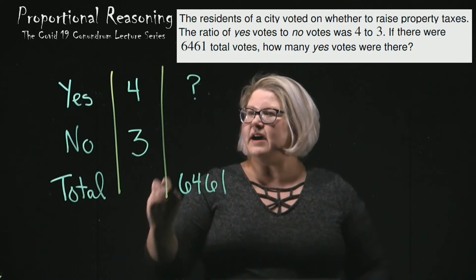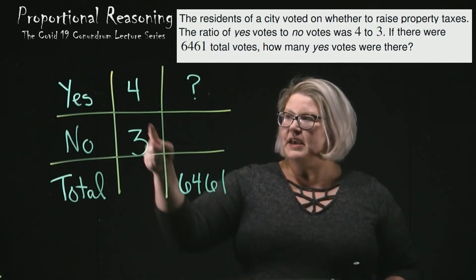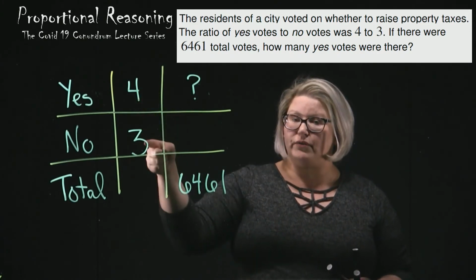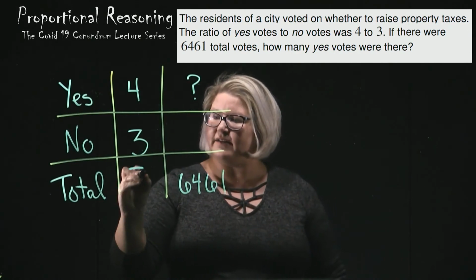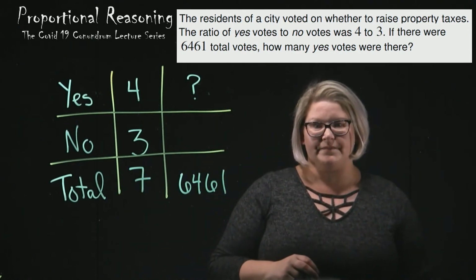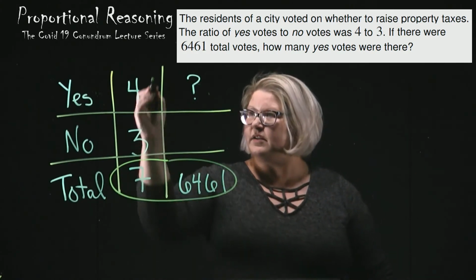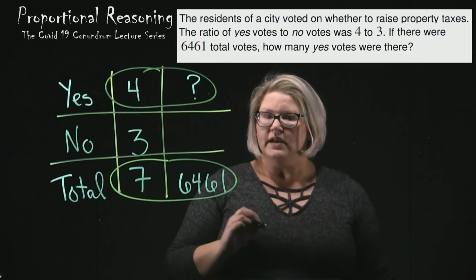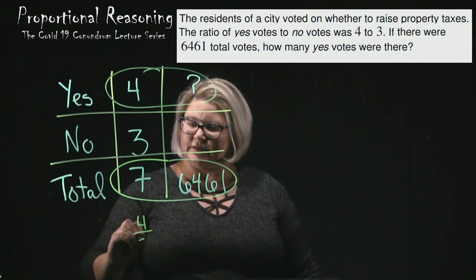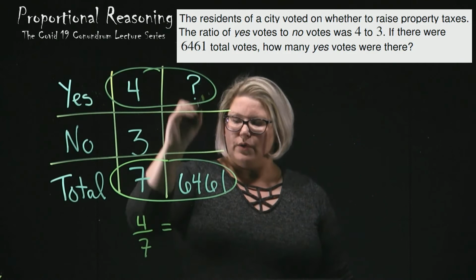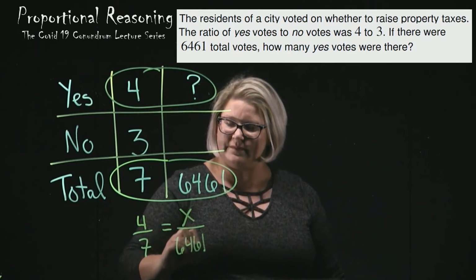Again, when we write this out, if we think of this as a table, we look to see the facts that we have. If my votes are 4-3, yes and no, that means when I combine all my yes and no votes, I have 7 votes. If I combine the facts that are complete, I would say I'm going to have 4 to 7 equals whatever this yes vote is to my total votes.